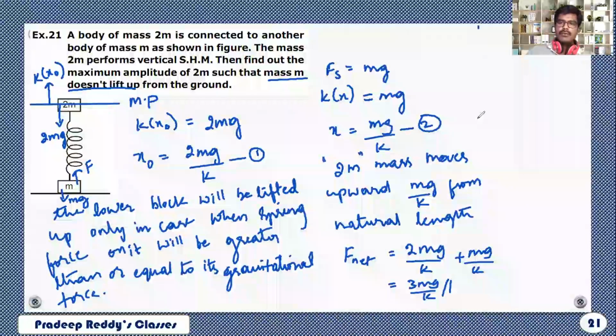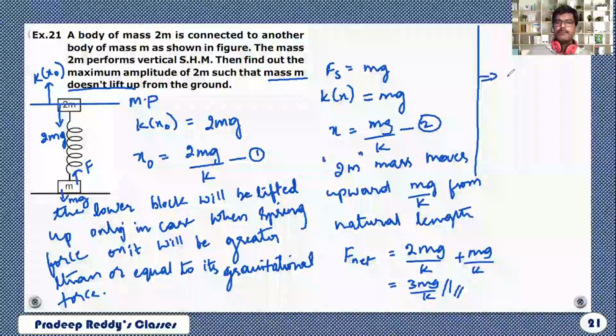So in order to maintain this bottom mass on the ground, and oscillate this 2m mass in SHM, the applied force in the spring should not be greater than 3mg by k. If the spring force is exceeding 3mg by k, either you are compressing the spring or you are elongating the spring, then in such case, this smaller m mass, which is at the bottom, will be lifted up.